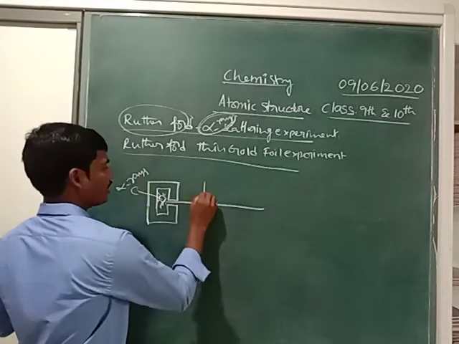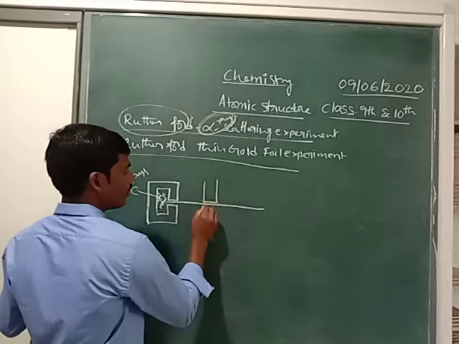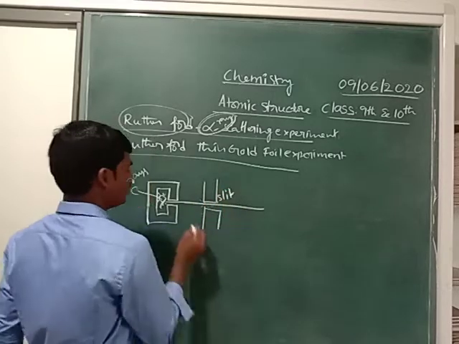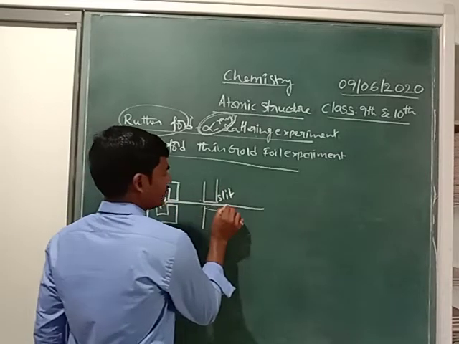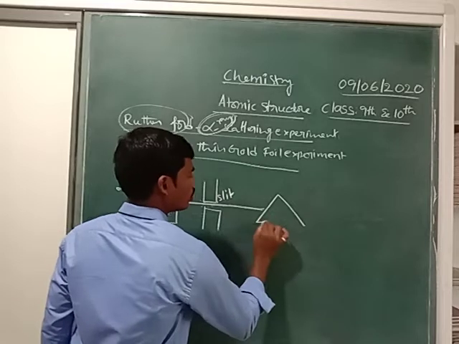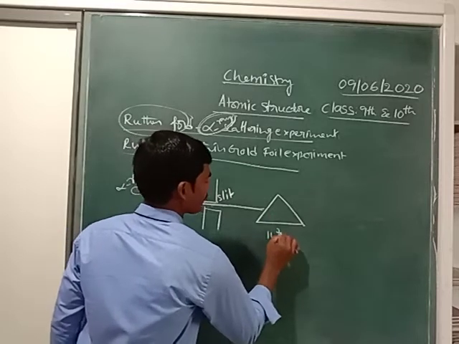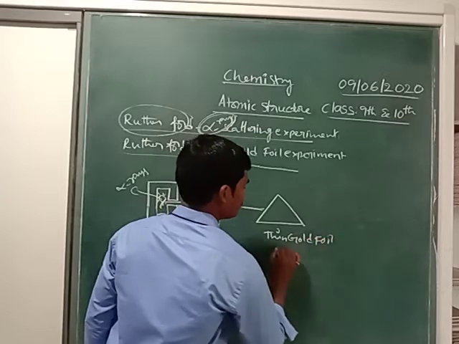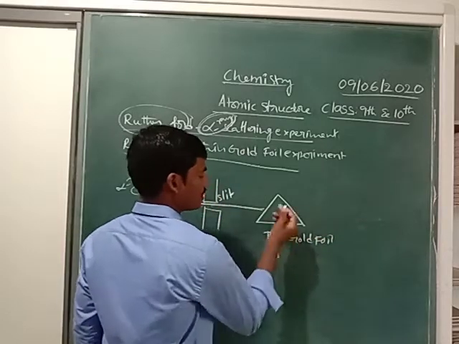Then he arranged a slit. These alpha rays are scattered on a thin gold foil. See, children, what is the thickness of this gold foil?